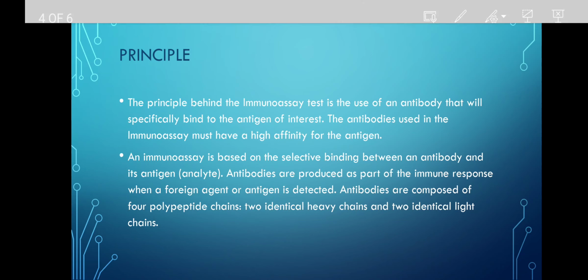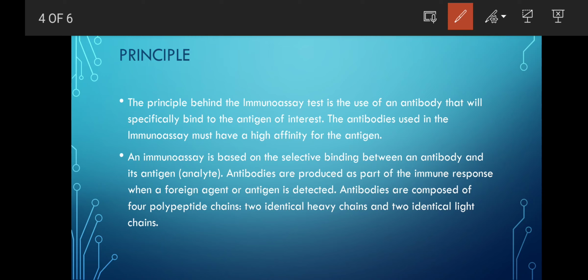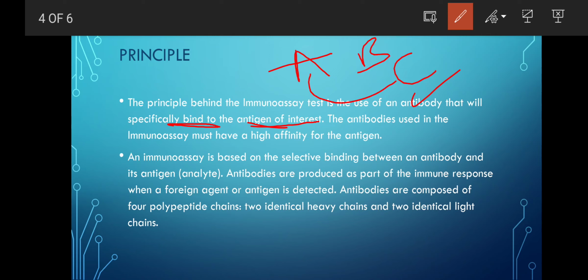So the principle here is that this immunoassay test uses antibodies, right? They are specific. They bind specifically to the antigen of interest. Take the example of antigen A. It will have a certain affinity, or interest, towards C. It doesn't have interest towards B, so it will go and bind to C, okay.